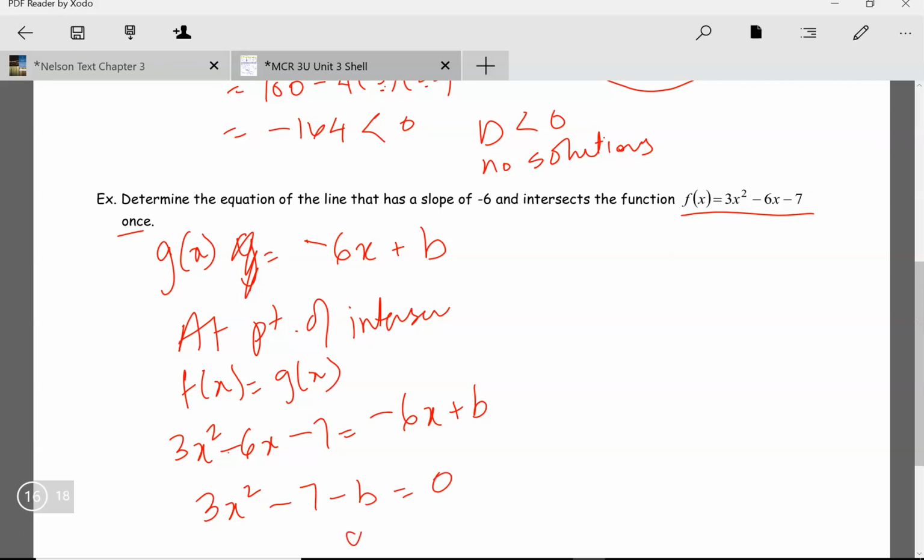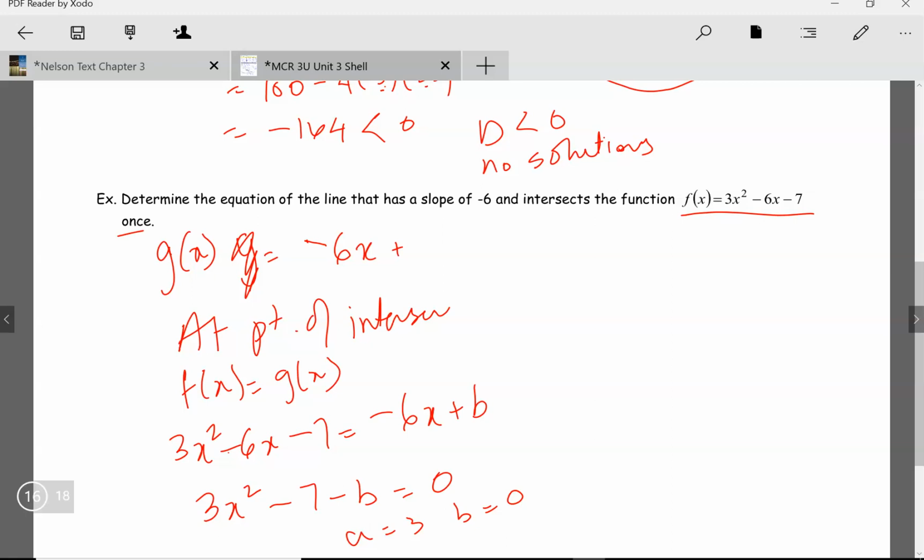So our a here equals 3, our b equals 0. Oh, that's confusing, there's 2 b's. Let's call this something else. Like m is a slope, y equals mx plus b, but there's a b here as well.